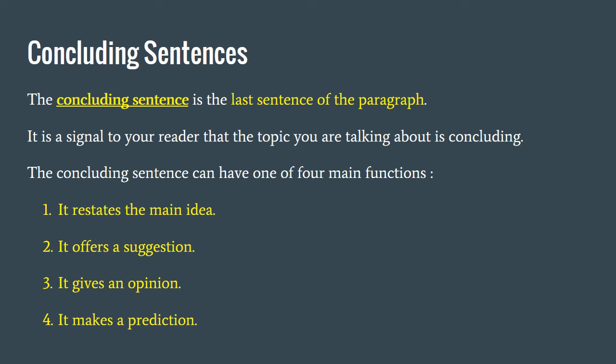First, it can restate the main idea, which is pretty simple. Just repeat the topic sentence in a different way. Or it can offer a suggestion, it can give an opinion, and it can make a prediction. So let's take a look at each one in more detail.